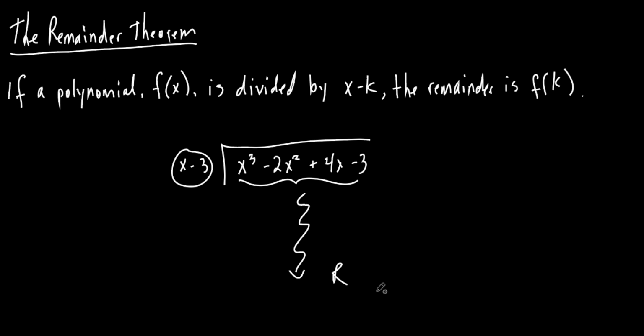Whatever my remainder is, I'm just making up a number, all off the cuff, let's say my remainder is 2. What does that mean? The remainder is f of k. If the polynomial is divided by x minus k, the remainder is f of k.